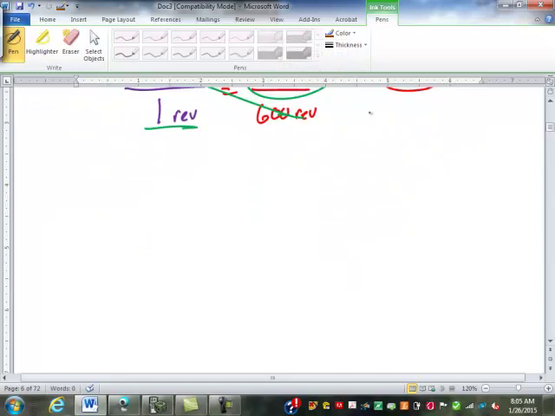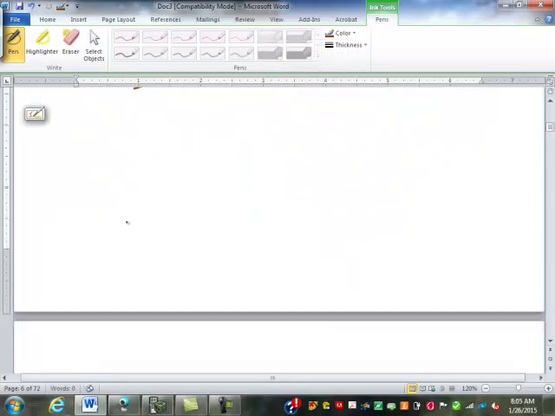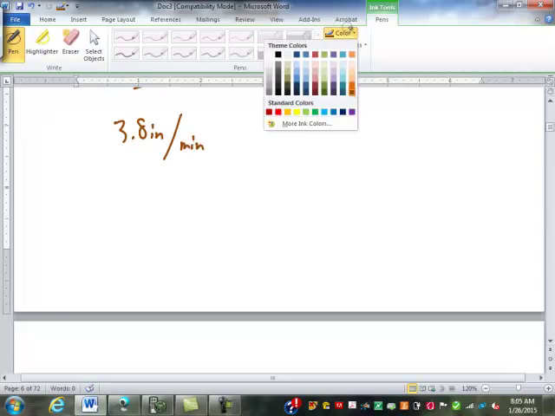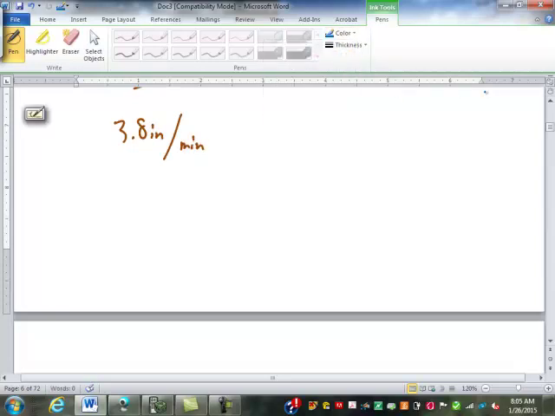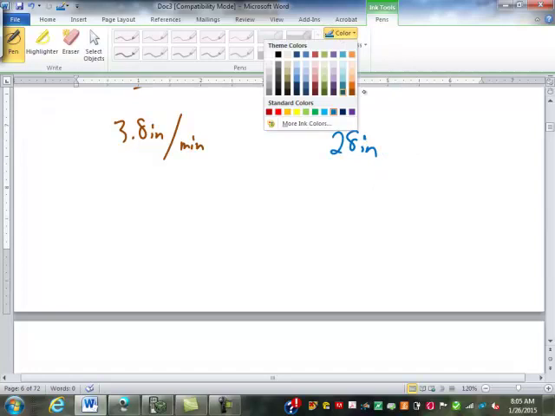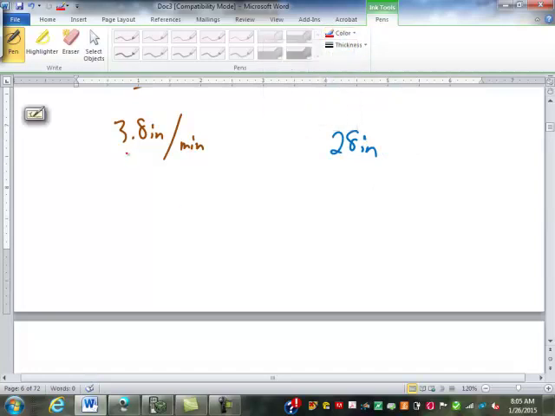You might also have a cutting speed where you figure out that you can go 3.8 inches per minute. And you want to know how long it is going to take to make a cut that is 28 inches long. Same type of setup is going to be here. 3.8 inches per minute becomes 3.8 inches in 1 minute.